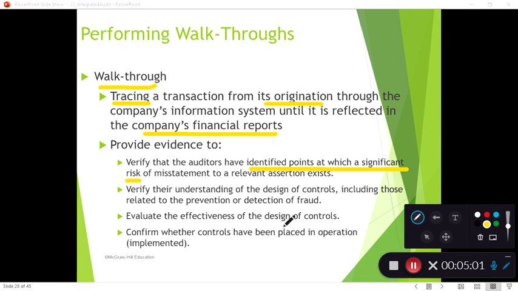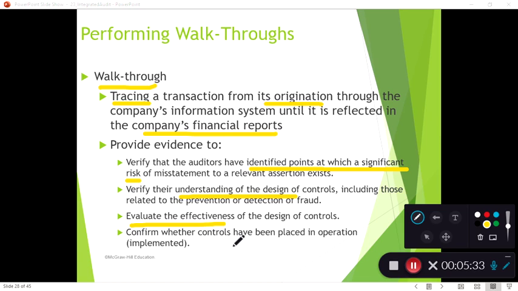The other thing that a walkthrough does is it helps verify understanding of the design, right? So we're going to talk through the design, but then as we're walking through the transactions, we can see where those controls should be coming in, right? So it kind of helps verify the auditor's understanding of the design. And then at times you can evaluate the effectiveness of how well it's designed when you're doing the walkthrough by thinking about, well, how could this be changed here or manipulated here, right?